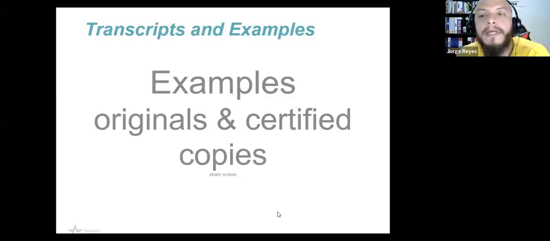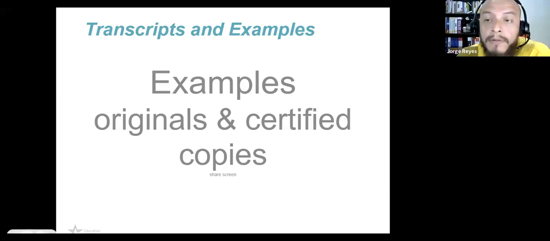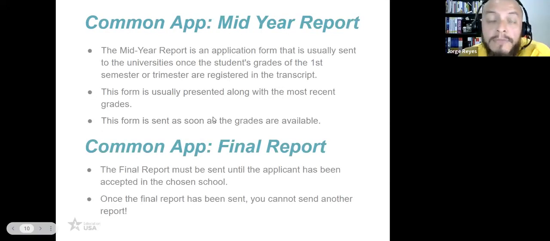Okay, now that we have seen the examples and the documents that you need to send us, we can move on to some other information that you have to consider for your process when applying for admissions to the universities. The Common App Mid-Year Report. Well, first of all, the Common App is an application, a portal where you can put all your applications and you decide to which universities these applications will go.